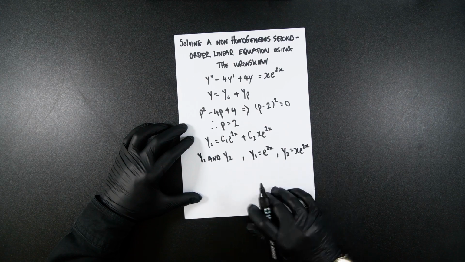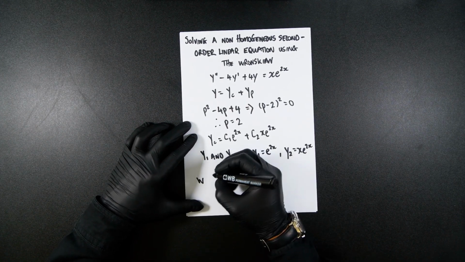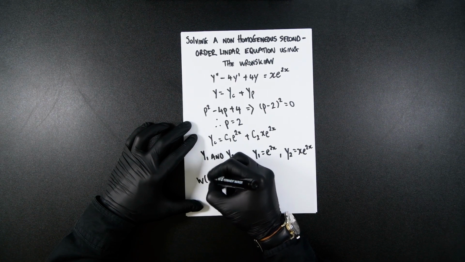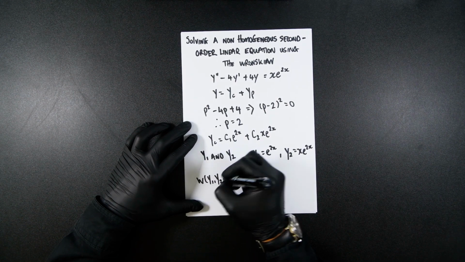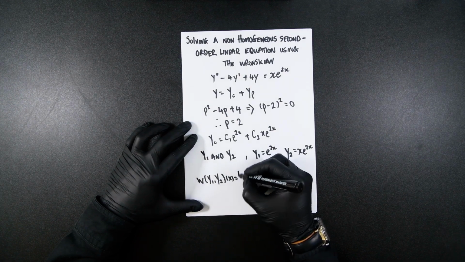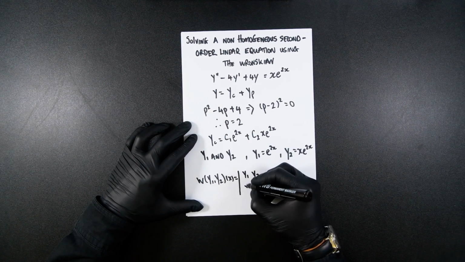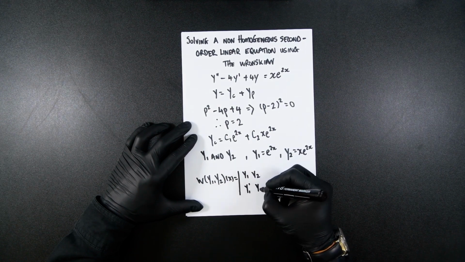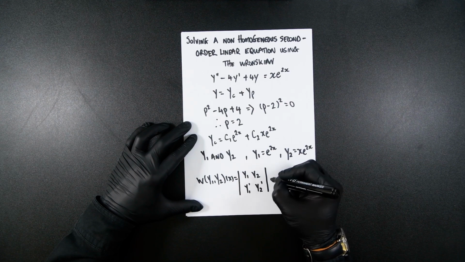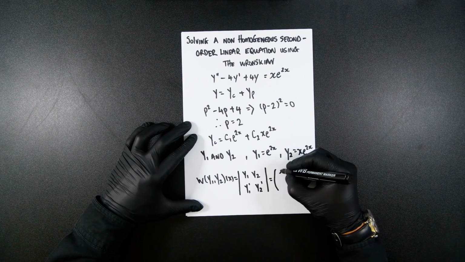So we're going to substitute those two in, and then our general formula is W of y1, y2 with respect to x, which is going to equal the matrix y1, y2, y1 differentiated and y2 differentiated.